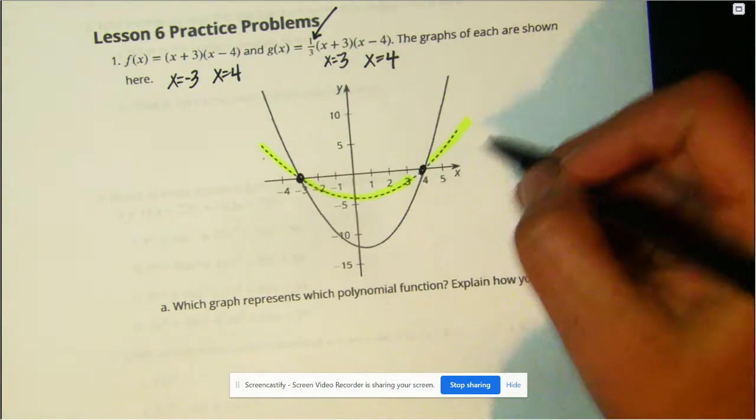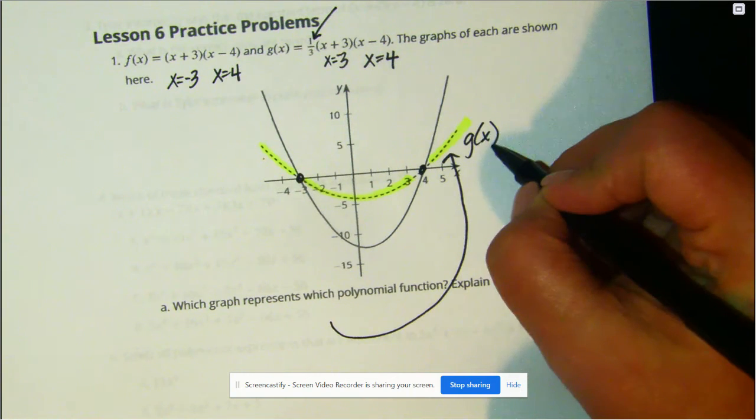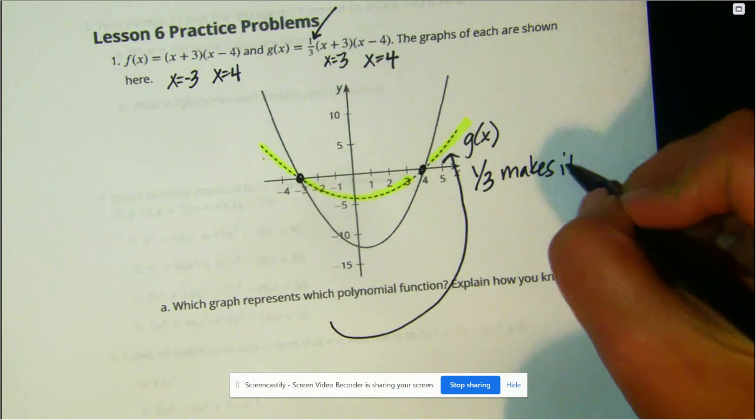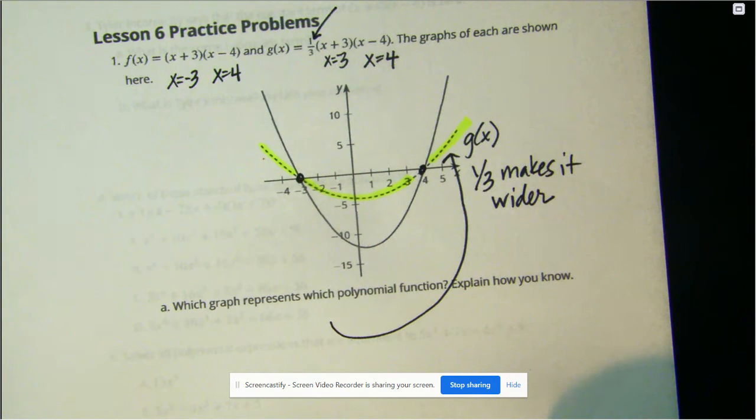So this guy, I'm just going to go up here, is g of x. I can tell the 1/3 makes it wider.